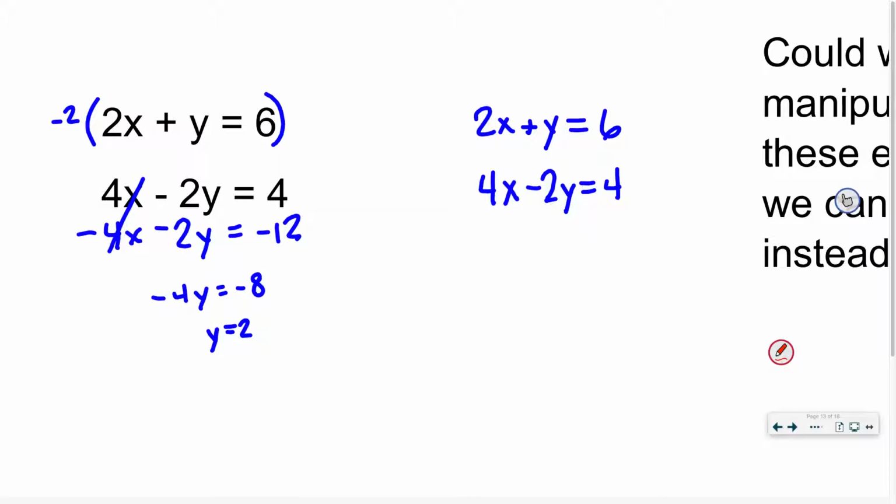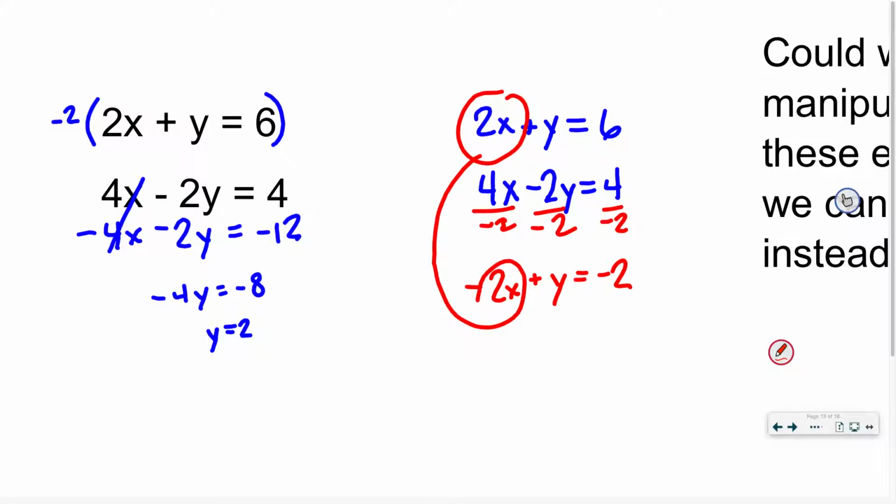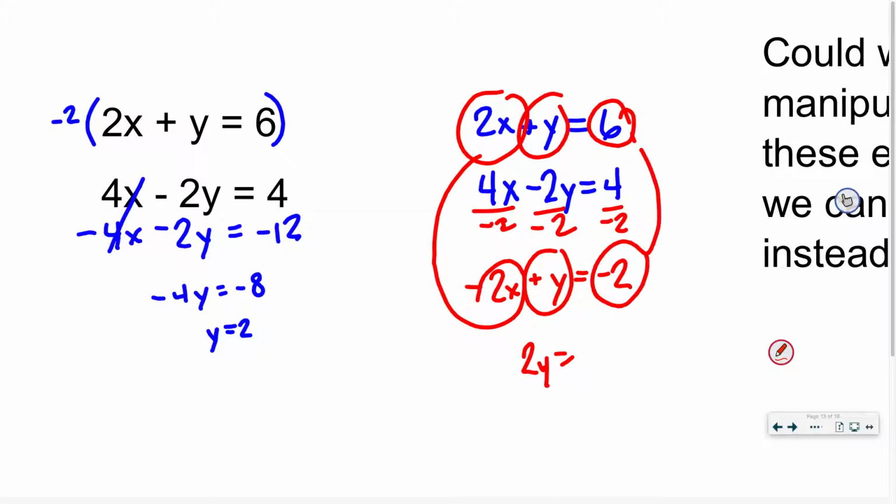Yeah, I could have divided everything in the bottom equation by negative 2. And that would have become negative 2x plus y equals negative 2. So then if I combined these, we get 0x. These, we get 2y. And then these, we get 4.